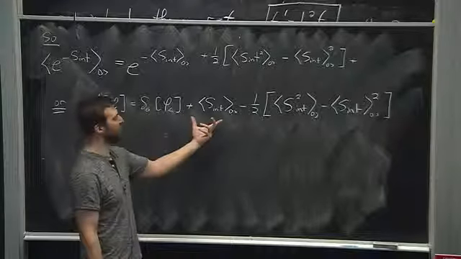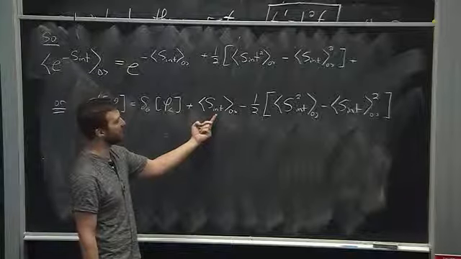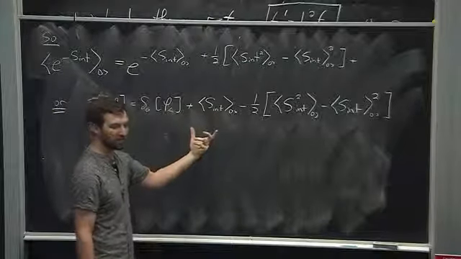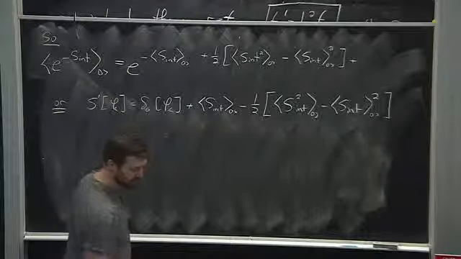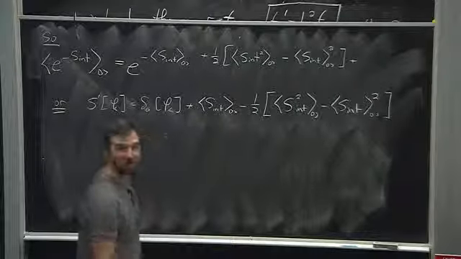So it seems simple. We have an expectation value of just the interacting piece of the action, and it's a Gaussian expectation value. But we have to start remembering what that action looks like.